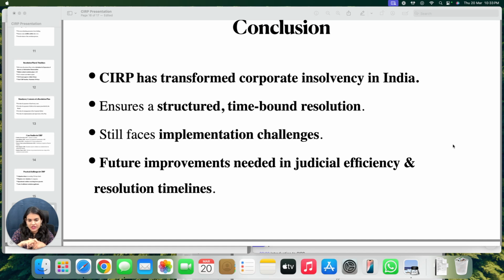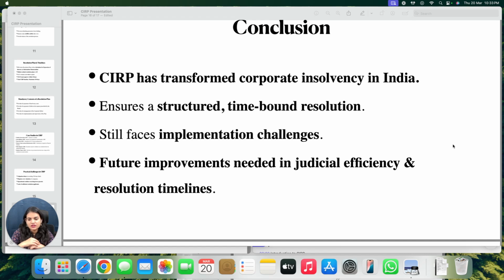Still faces implementational challenges. So there could be practical aspects where licensing issues and such other issues can come up for the resolution applicants at a later date, and that creates implementational challenges even after the approval of the resolution plan. Future improvements needed in judicial efficiency and resolution timelines.